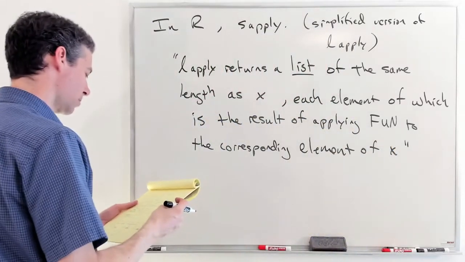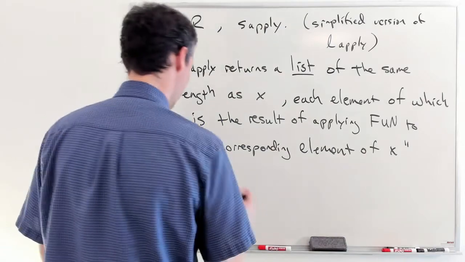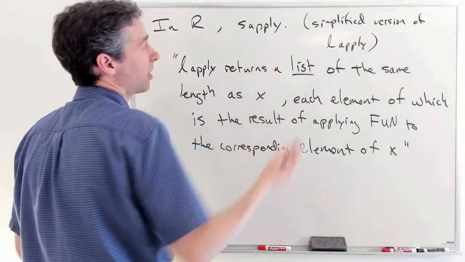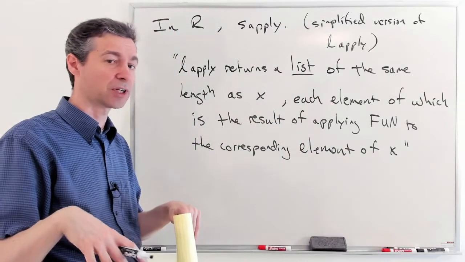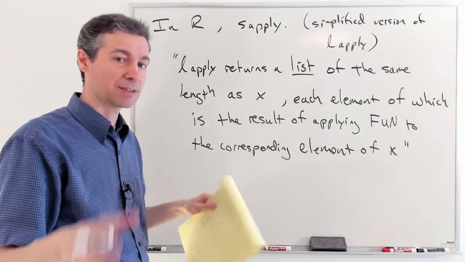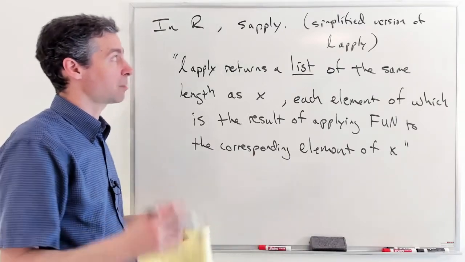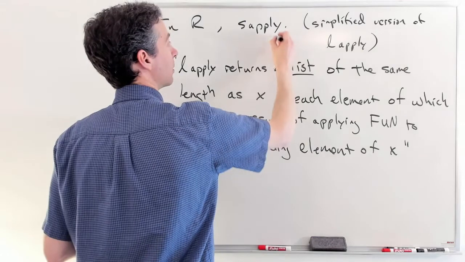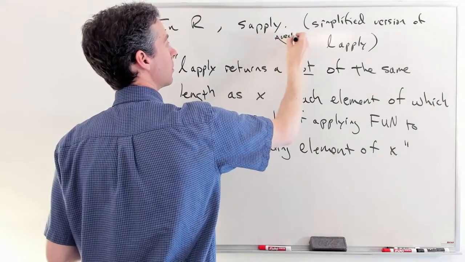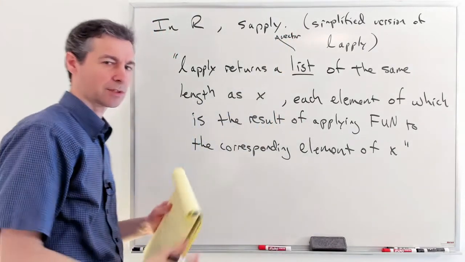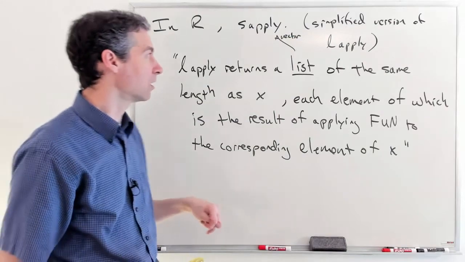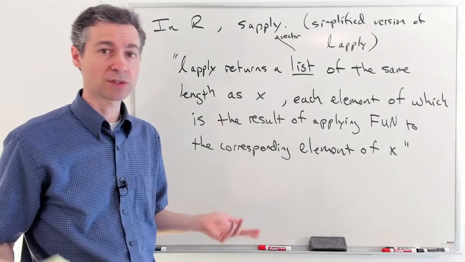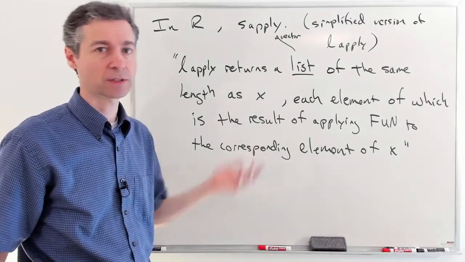And so, for example, sapply is a simplified version that instead of giving back to us a list, gives us back a vector. This is really handy because working with lists is actually kind of a pain in R. Vectors we're so used to, they're really nice, just like an array.